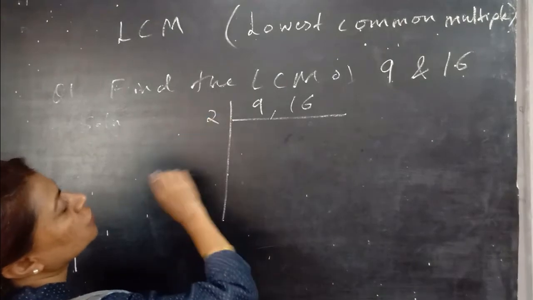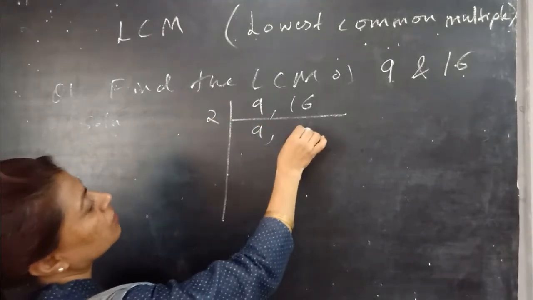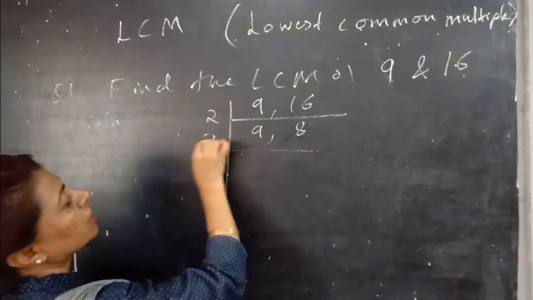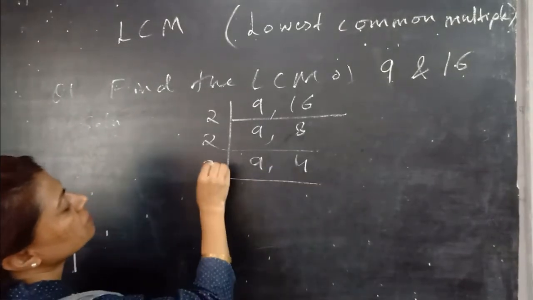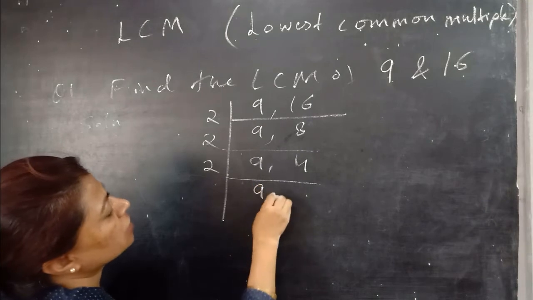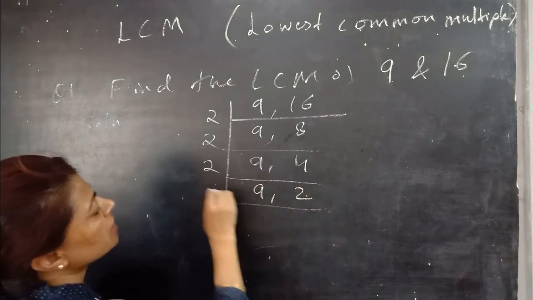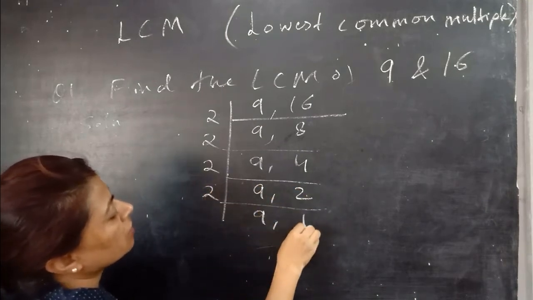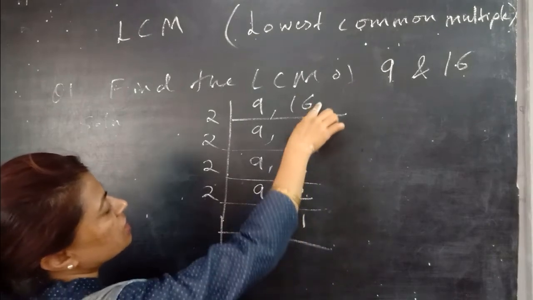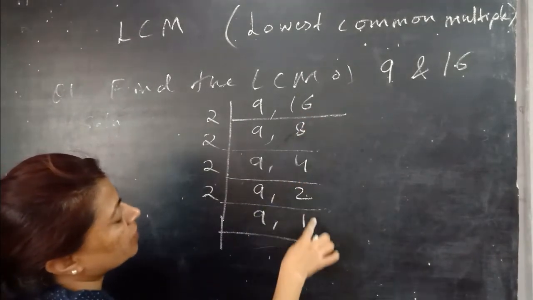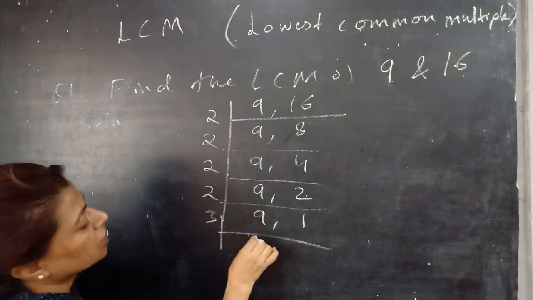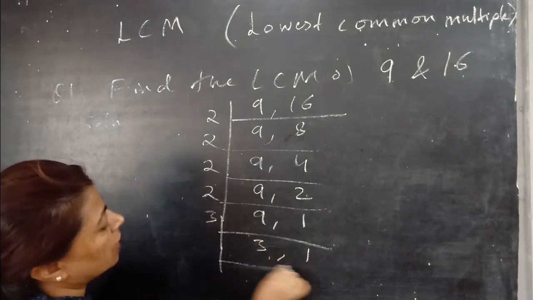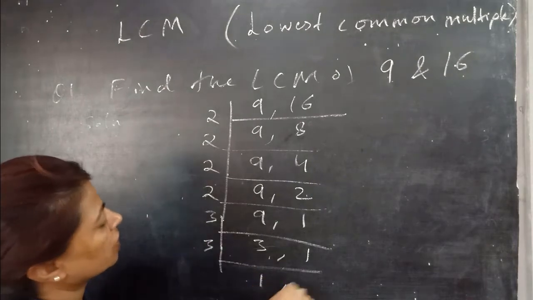First I am taking 2. In the table of 2, 9 does not come, but 16 is divided: 2, 8, 16. Then again the table of 2, 9 does not come, but 8 can be cancelled. Then again with the table of 2, 9 does not come, 2 will be cancelled. Now the second number is completely divided by 2. Now come to 9. 9 comes in the table of 3: 3, 9, and 3 into 1 will give 1.